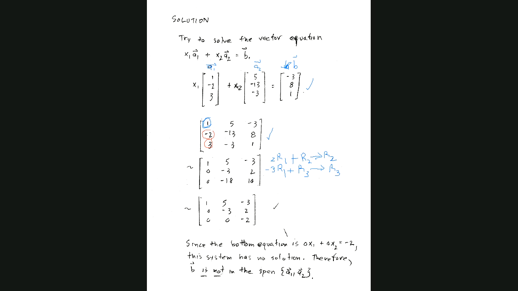The pivot, well, the one can be used to produce zeros below it, Solomon. That's how I treat it like the pivot. I want to have zeros below the 1.